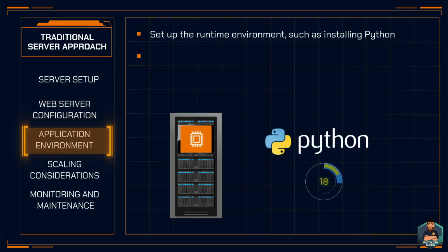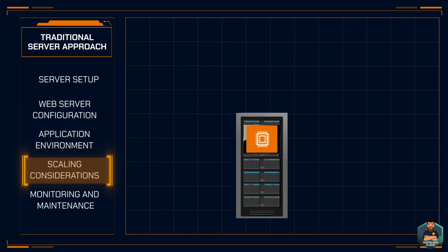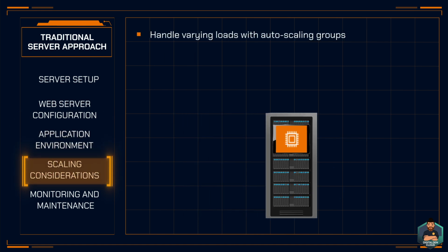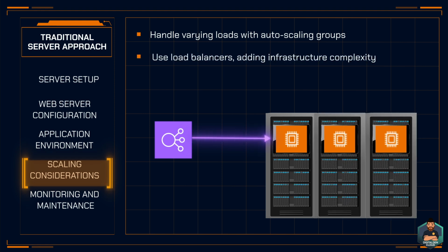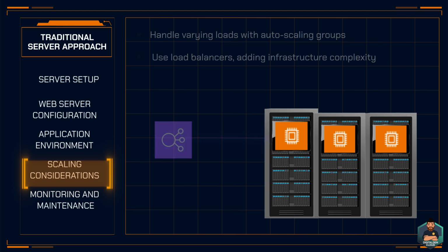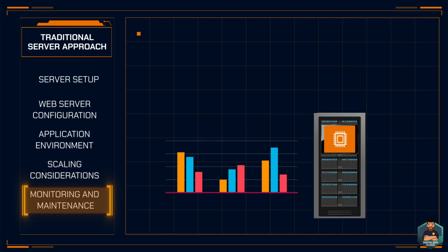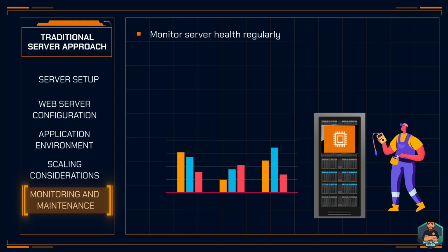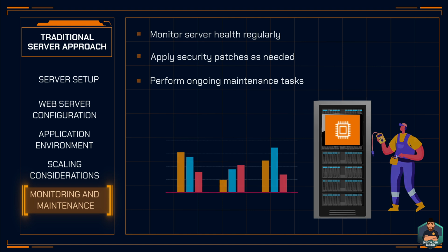Setting up and maintaining the runtime environment, like installing Python, would fall on you as well. In addition, handling varying loads typically requires implementing auto-scaling groups and load balancers, which increases the complexity of your infrastructure. And finally, you'd also be responsible for monitoring server health, applying security patches, and performing ongoing maintenance tasks.